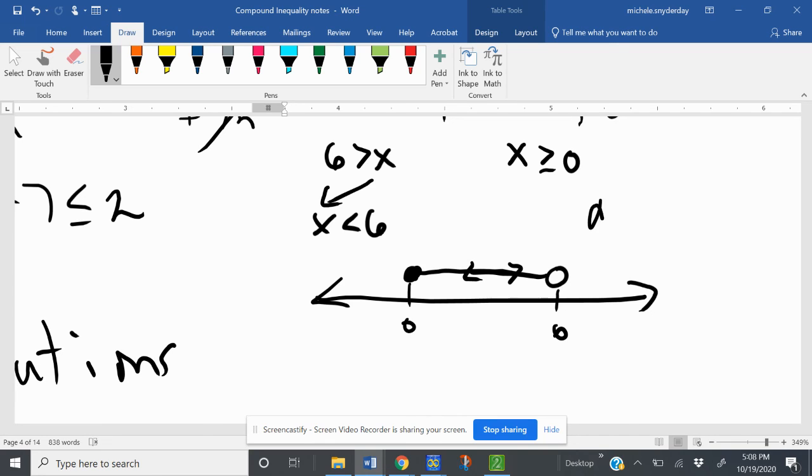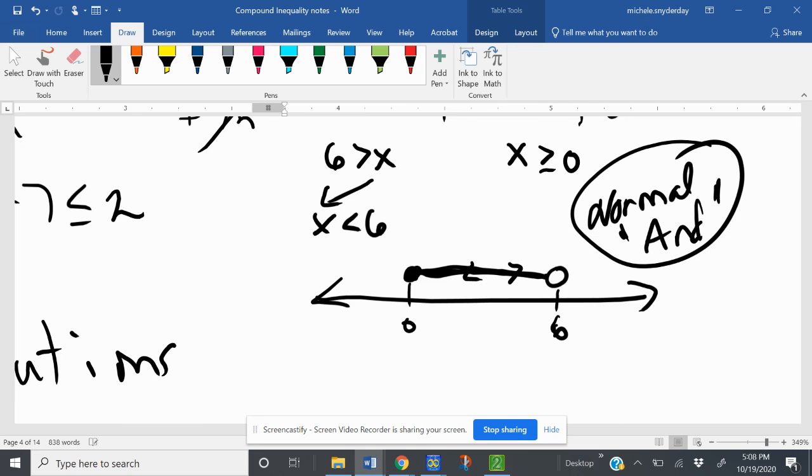This is a normal and, and they are supposed to intersect in the middle. So just remember when you're doing this assignment that you do still have normal situations. They're not all special situations. So good luck on 4.2, where there are some special cases, but there are some regular and situations.